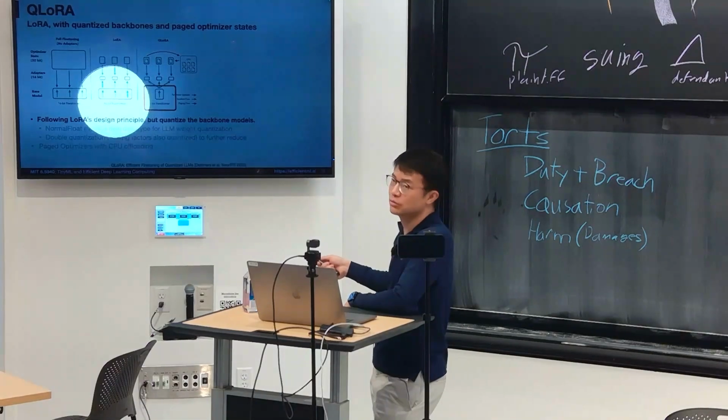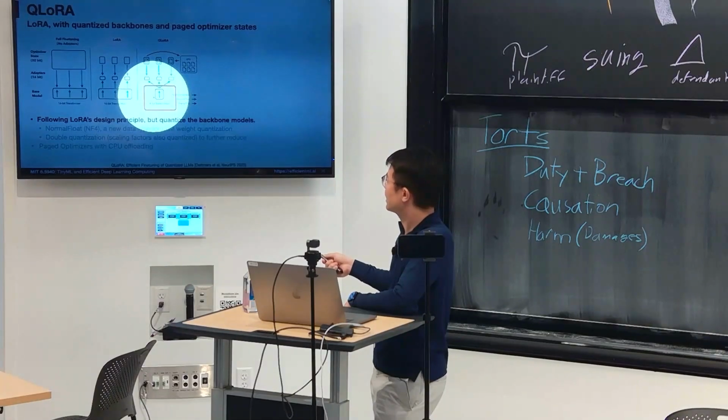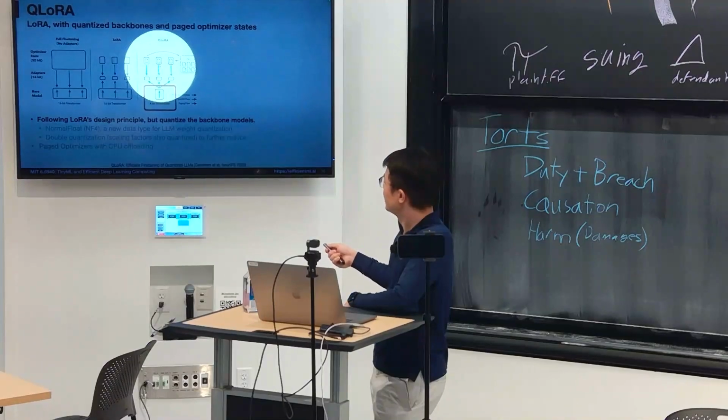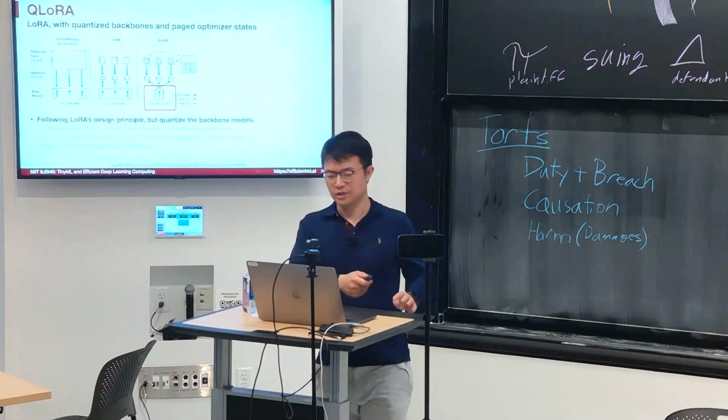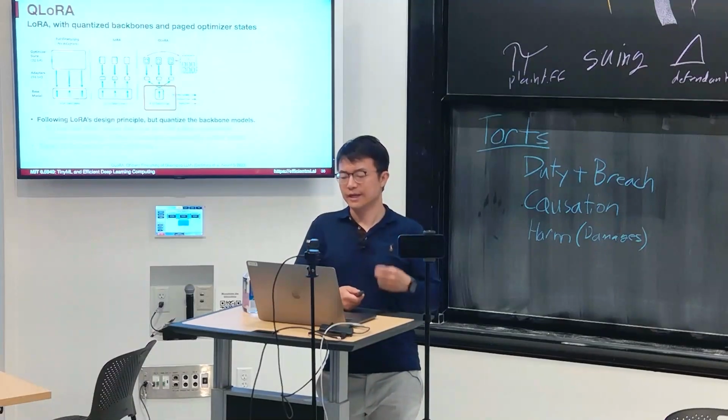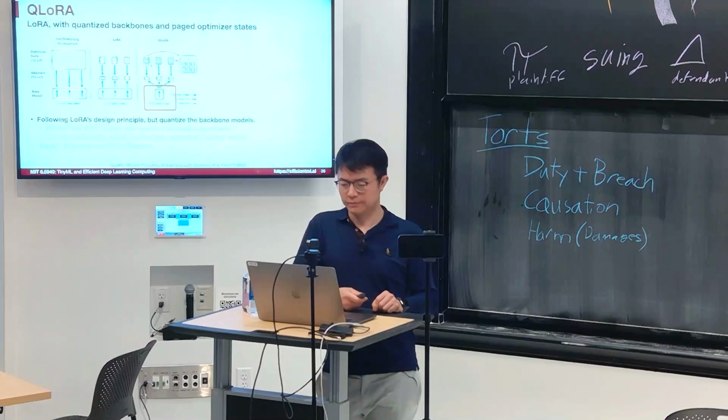Previously, you needed 14 gigabytes to store it. Now it's only 3.5 gigabytes. And then, same as LoRA, you have a very lightweight adapter branch to tune. So following LoRA's design space, the difference is that now we also quantize the backbone model to 4-bit.